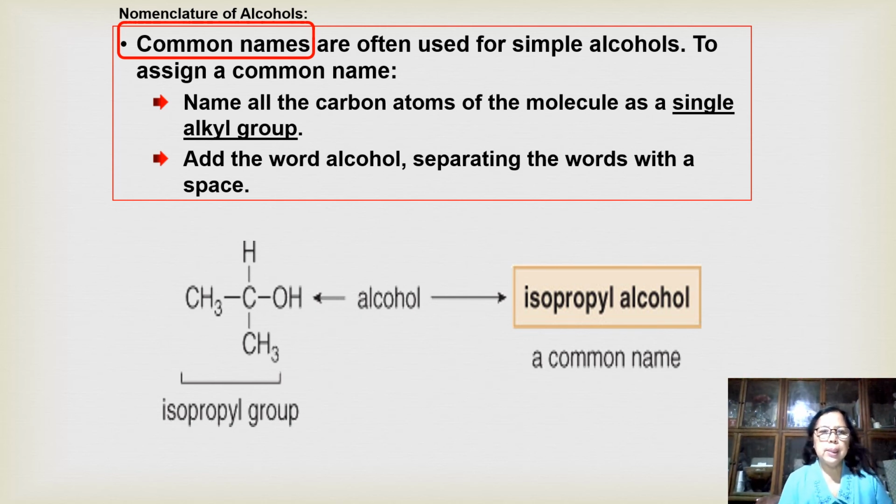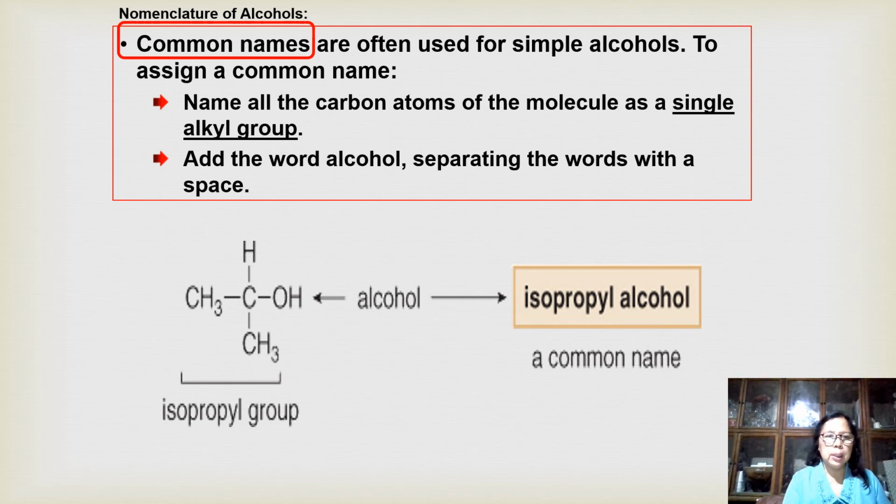There are some instances whereby two of the same alkyl groups are present. This is your isopropyl alcohol, meaning to say there are two of the same alkyl group present. So you have the prefix iso.